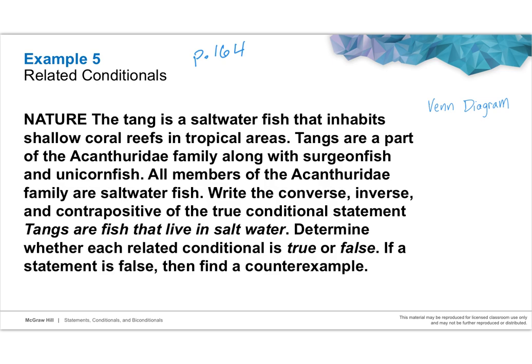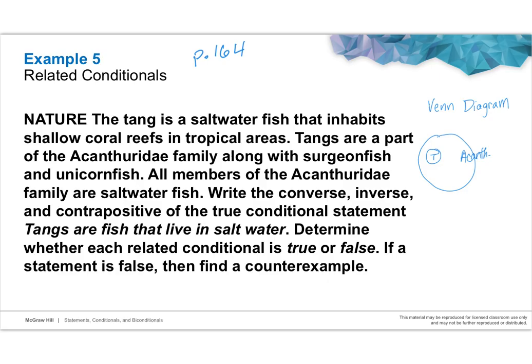So first of all, we are told that the tang, so we'll put all of the tangs in their own little circle, is a saltwater fish that inhabits those reefs, and it is part of the Acanthuridae family. I'll just abbreviate it like so.